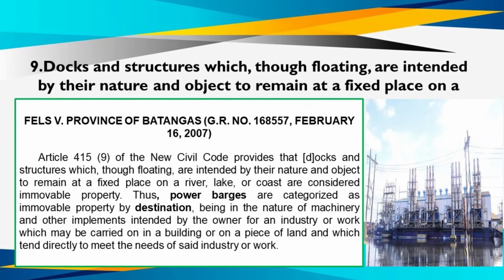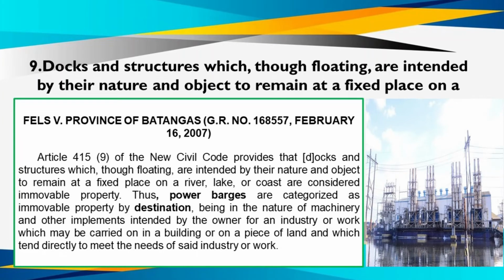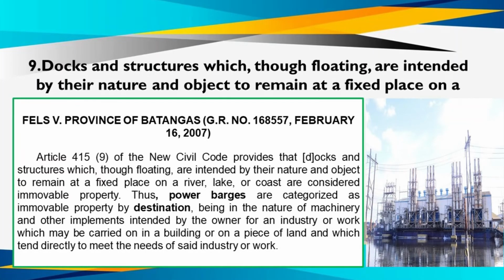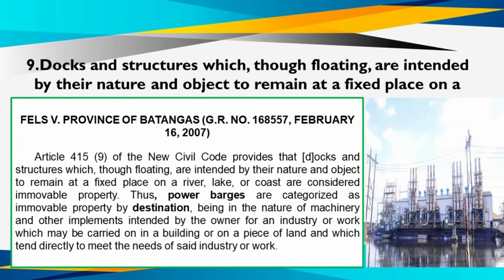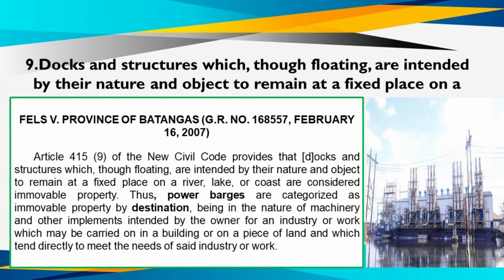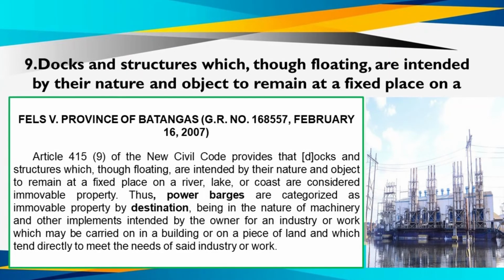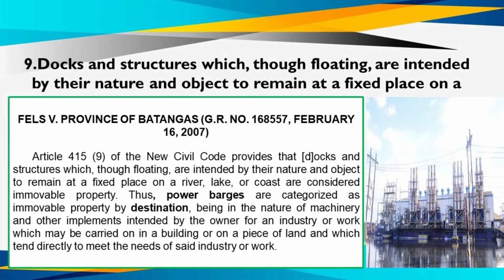The case of Fels versus Province of Batangas, GR number 168557, February 16, 2007. The Supreme Court stated, Article 415(9) of the new Civil Code provides that docks and structures which, though floating, are intended by their nature and object to remain at a fixed place on a river, lake, or coast are considered immovable property.